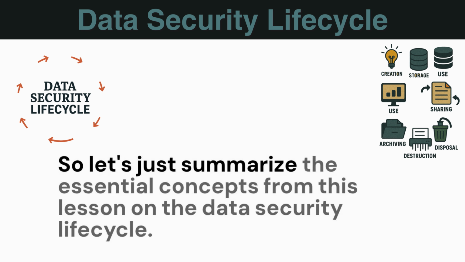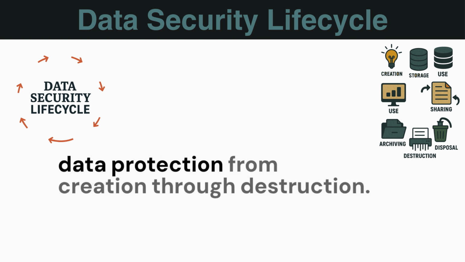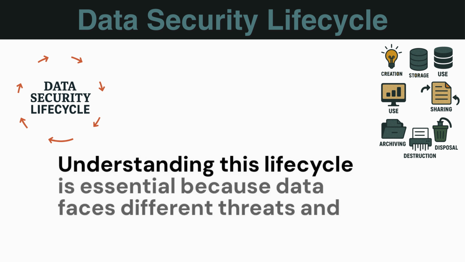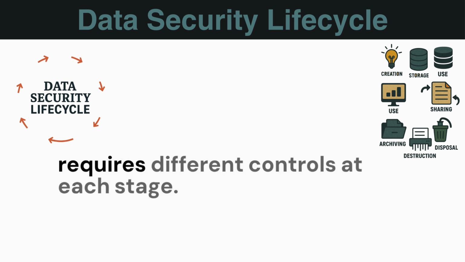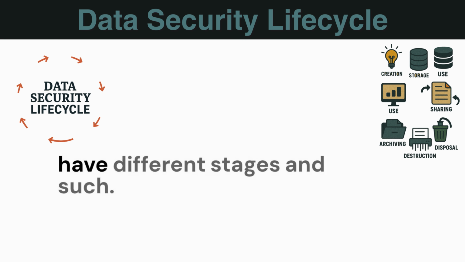So let's just summarize the essential concepts from this lesson on the data security lifecycle. The data security lifecycle provides a framework for thinking systematically about data protection from creation through destruction. Understanding this lifecycle is essential because data faces different threats and requires different controls at each stage. I mentioned near the beginning of this lesson that various data security lifecycle models have different stages.